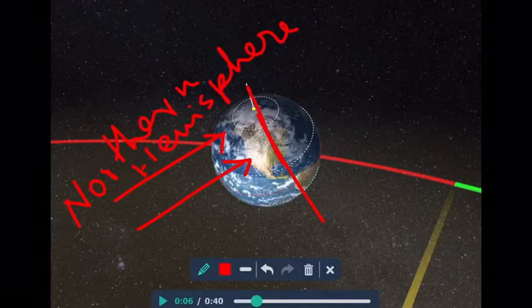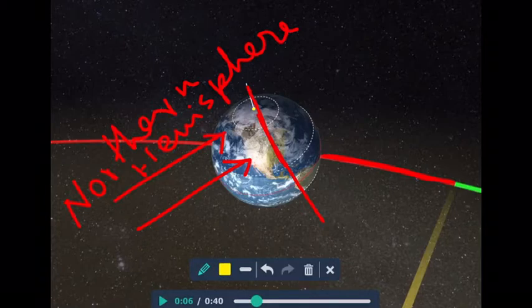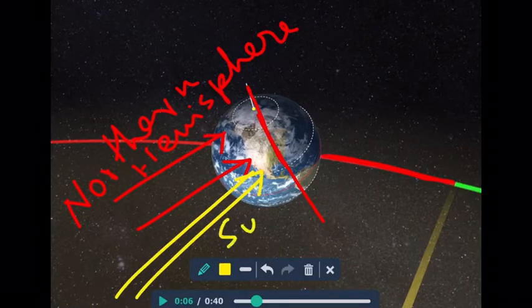And here, when the earth is in the position of red orbit, what is happening? The earth's tilting, its northern hemisphere is tilted towards the sun. So the northern hemisphere at this point of time receives the direct sunlight from the sun.